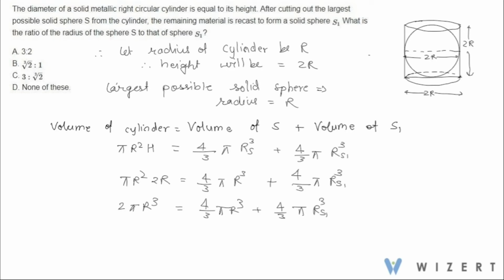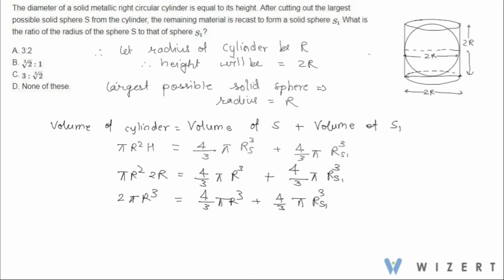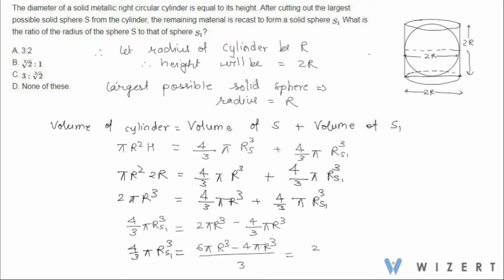Now in order to find rS1, we'll need to take this over to this side. So 4 by 3 pi rS1 cube is equal to 2 pi r cube minus 4 by 3 pi r cube. So we have 4 by 3 pi rS1 cube equal to, this is 6 pi r cube minus 4 pi r cube divided by 3, which is equal to 2 by 3 pi r cube.